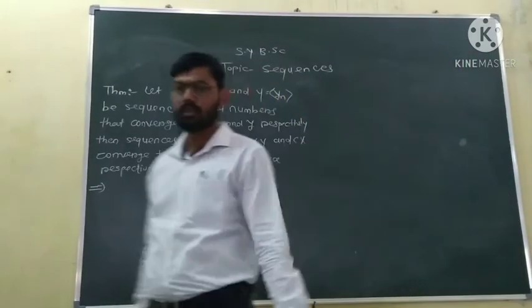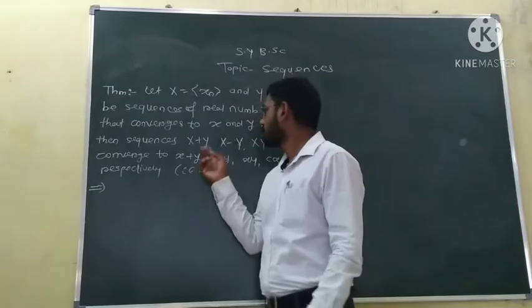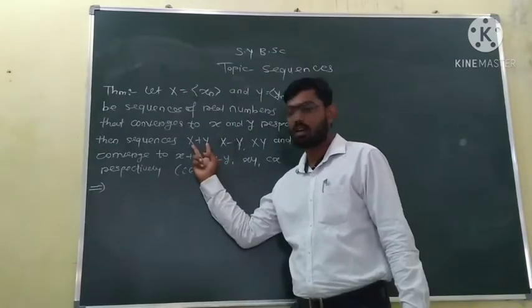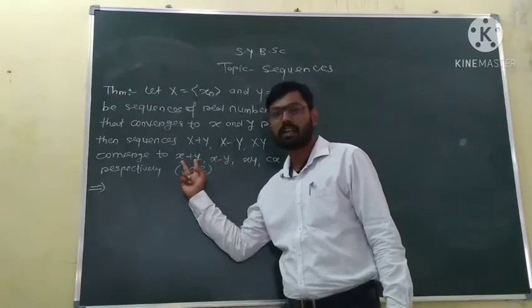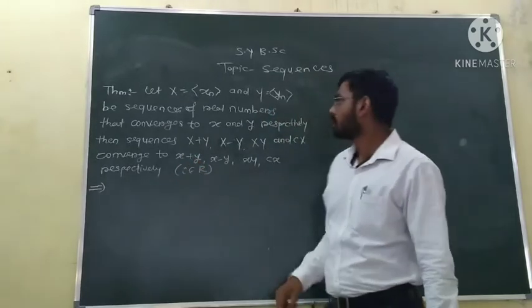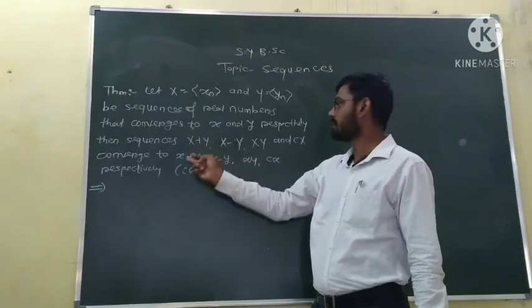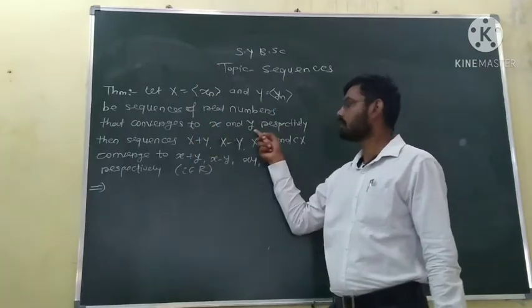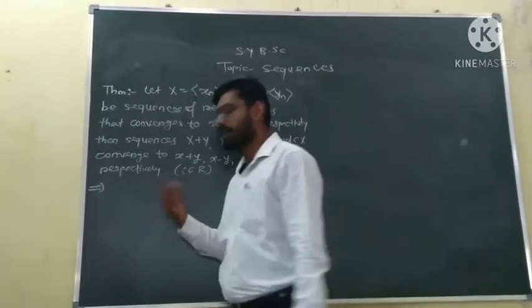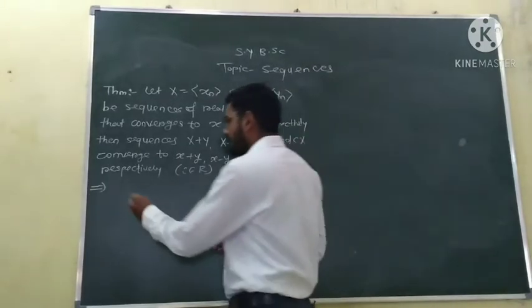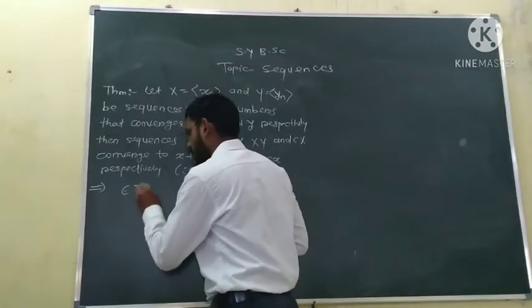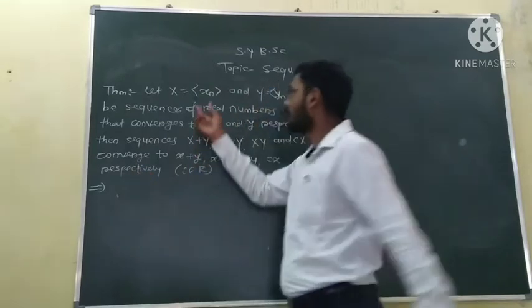So now we will first prove that the addition of sequences converges to the addition of their limits. We have already given that sequence xn converges to x and this sequence converges to y. We will first write the given part.